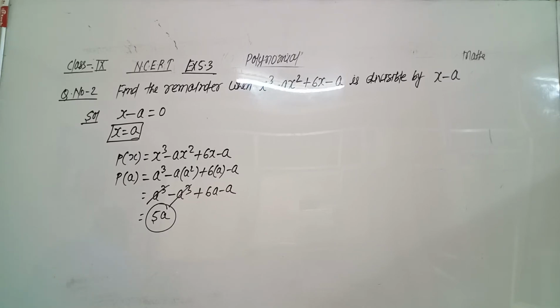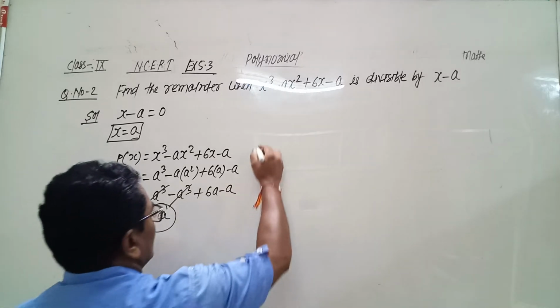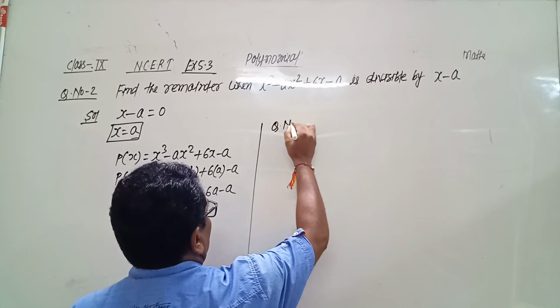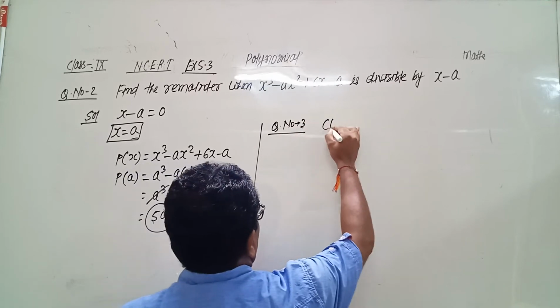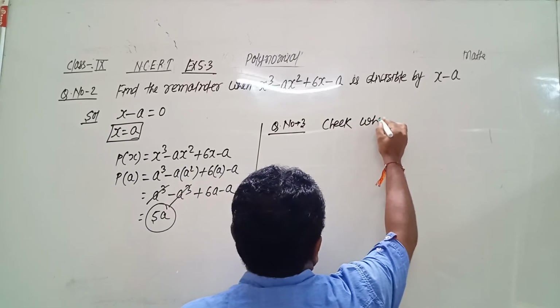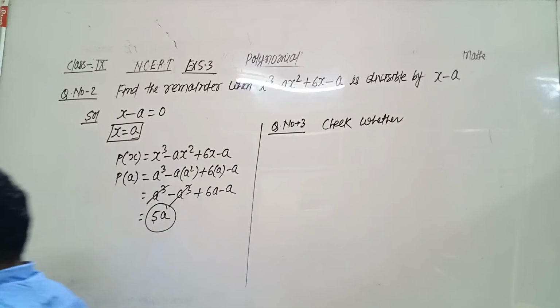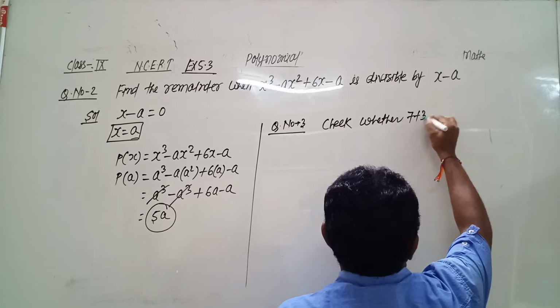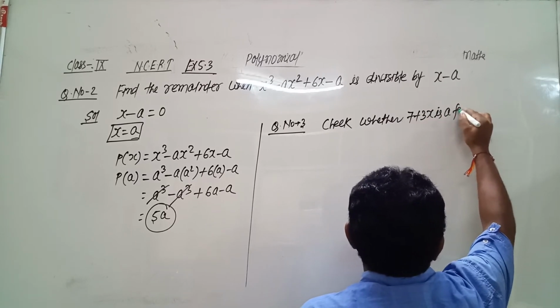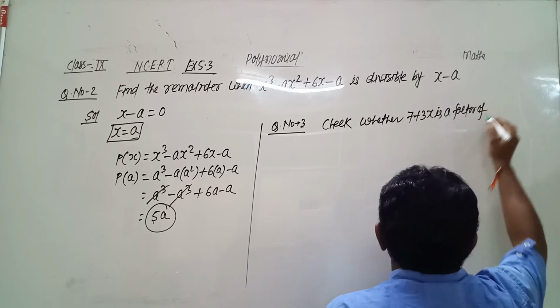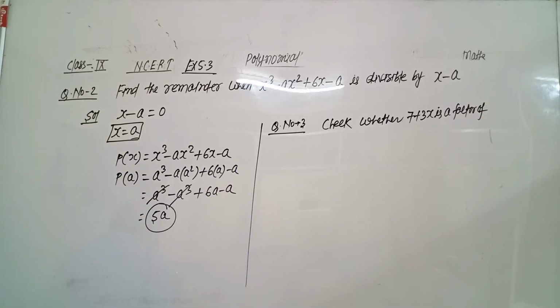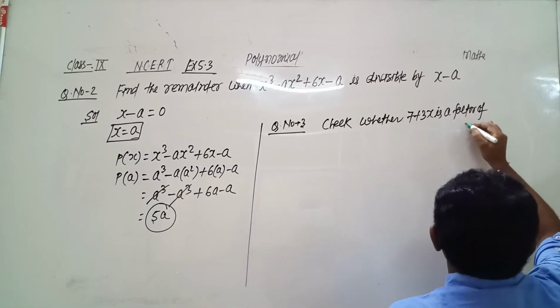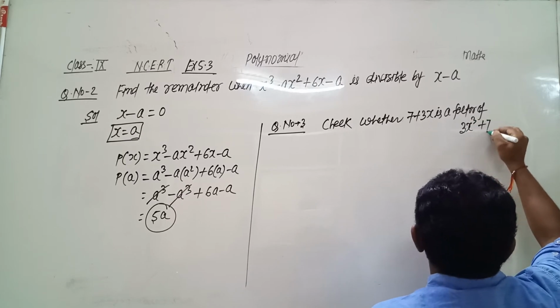And the third question, question number 3: check whether 7 plus 3x is a factor of 3x cube plus 7x.